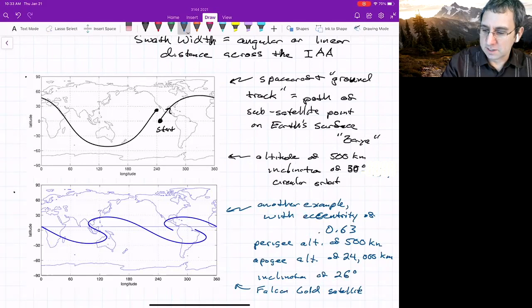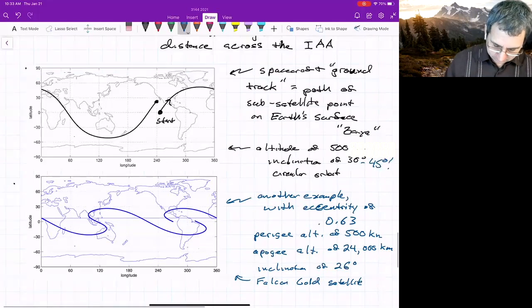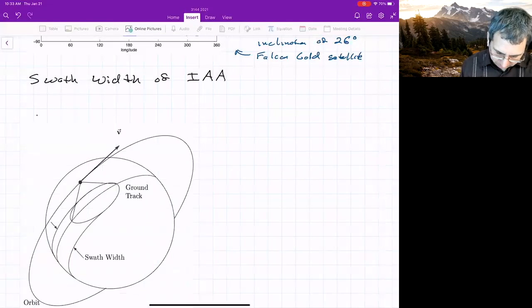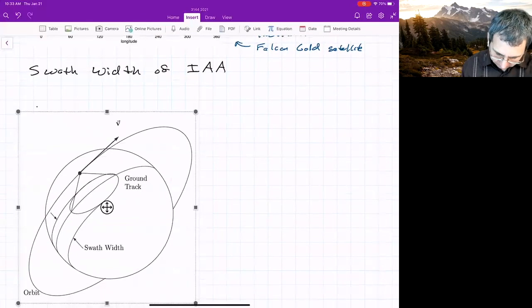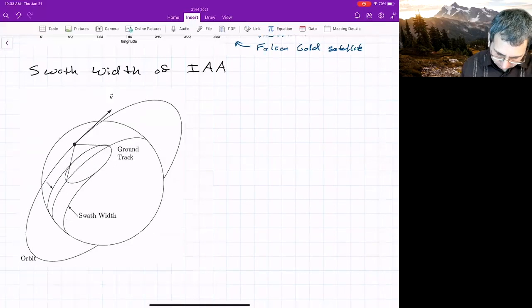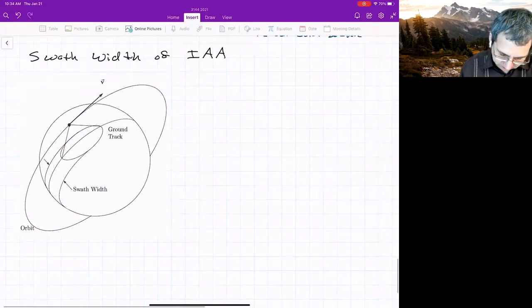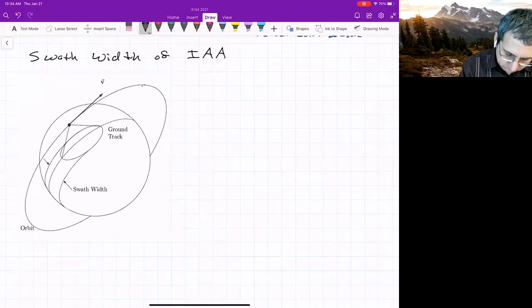All right, so I'm going to say more now about the swath width and the geometry. Swath width of the instantaneous access area. So this is a schematic, but it more clearly shows what we mean by the instantaneous access area. This is the spacecraft orbit, going around.